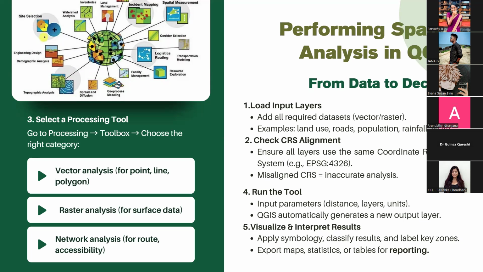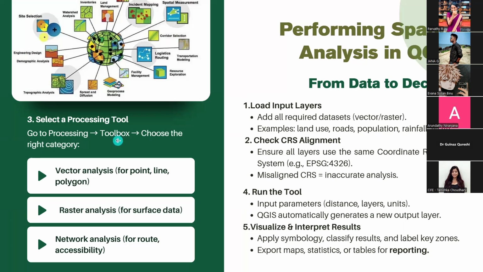Then first and foremost, ensure their coordinate reference system. If it is misaligned, then the result will be inaccurate. The third step: whatever the process you are choosing, whether vector analysis or raster analysis, you go to processing.